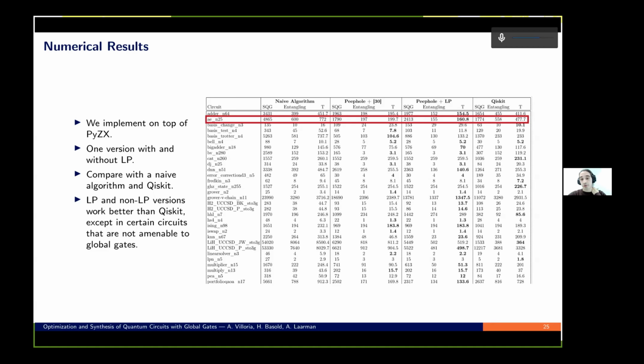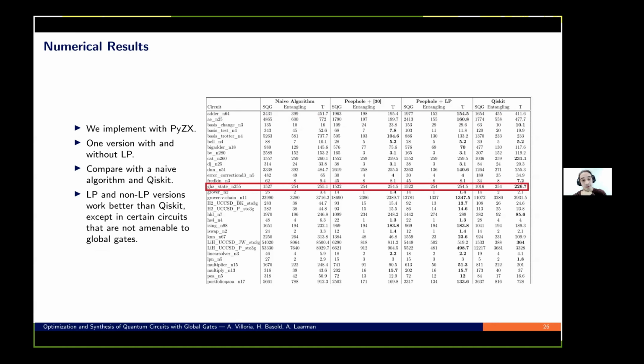We also implemented, after this process of circuit extraction, a quick single qubit gate optimizer that reduces the single qubit gates quite a lot, but still Qiskit usually works better in this. So for example, in a quantum circuit like the GHZ state here, where we cannot find a good solution because of how the CNOTs are arranged, Qiskit usually works better because it can reduce the single qubit gates better.